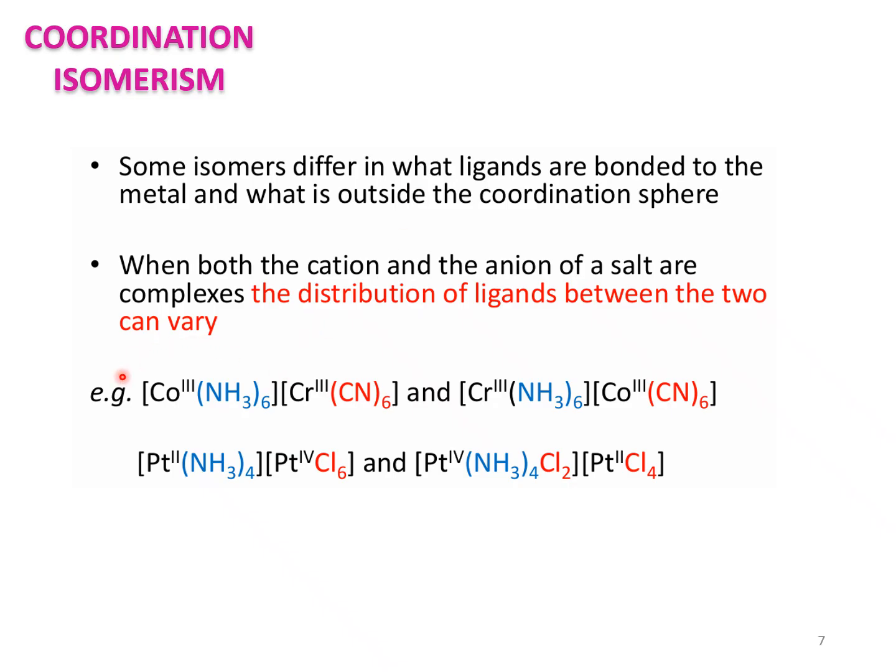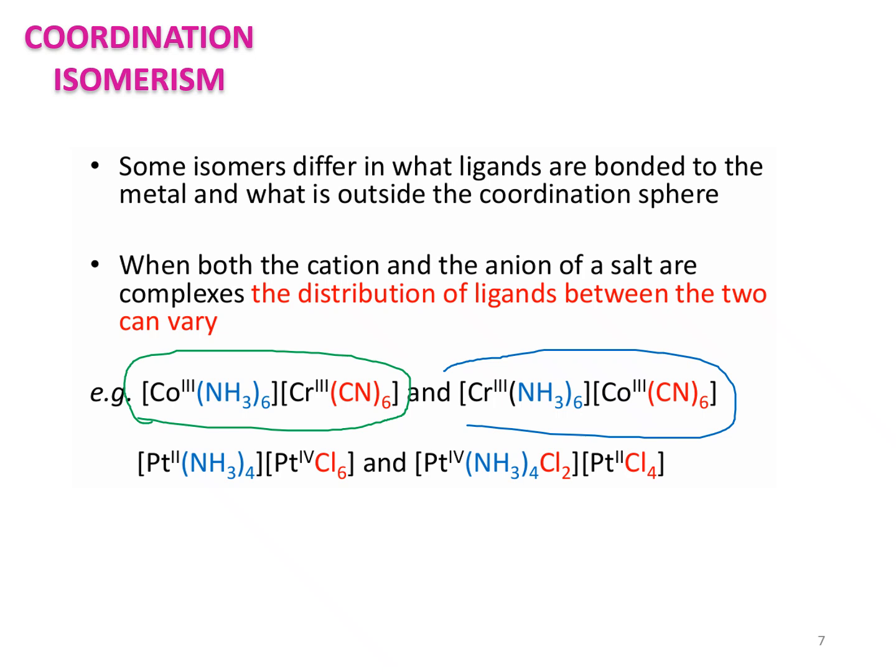So if you look at this example here, let's look at the first example, this, right? And this. Now, let's say we are given these two compounds and we are asked to classify whether they belong to the coordination isomer or what isomer. Now, look at the metal center.